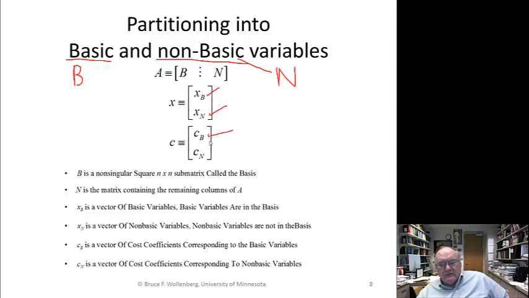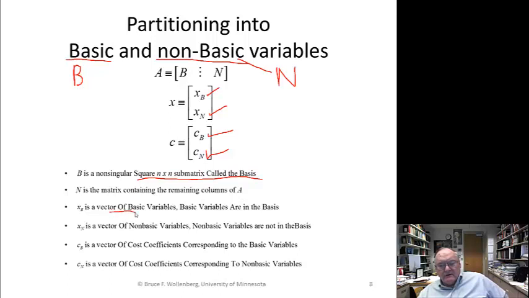There are cost coefficients that are basic and non-basic, and you can see them down here. This is in your appendix on LP. B is the non-singular square m by m submatrix called the basis. So this is square. N is the matrix containing the remainder of the columns of A.